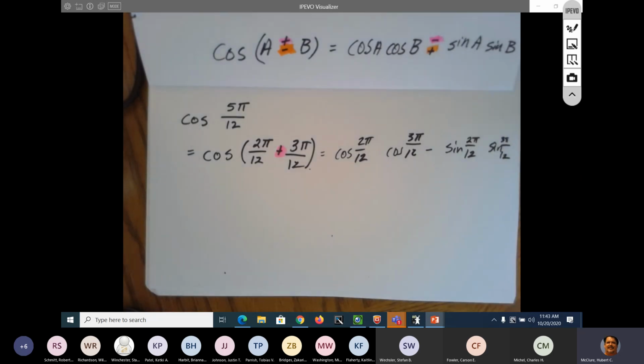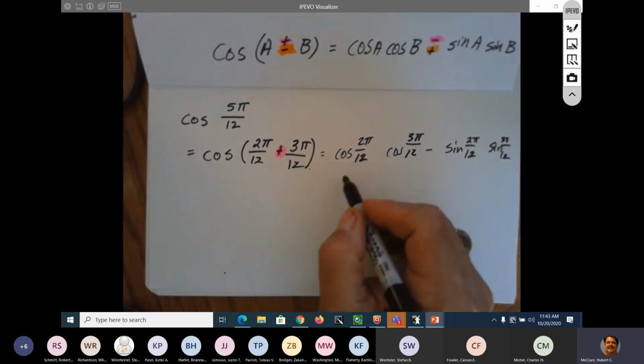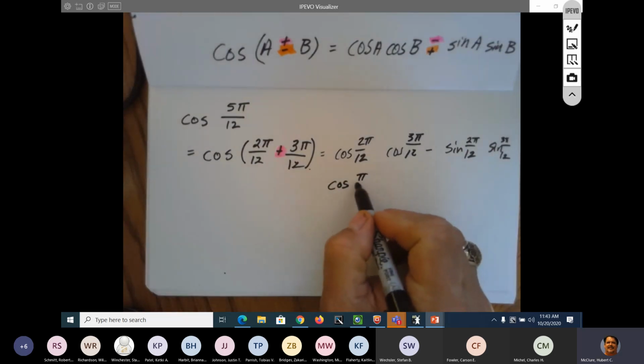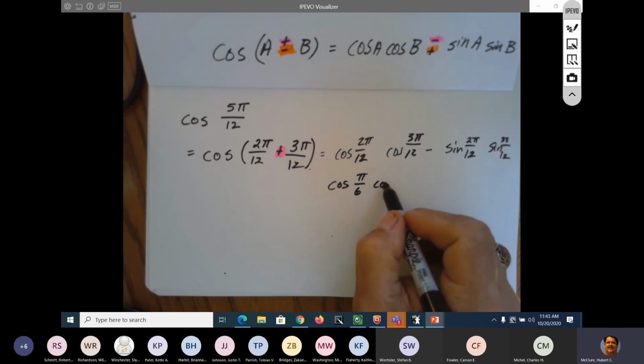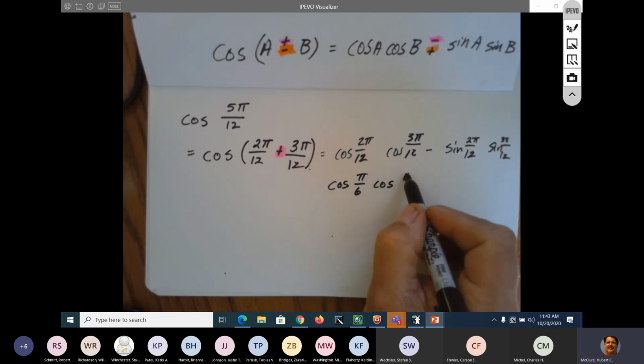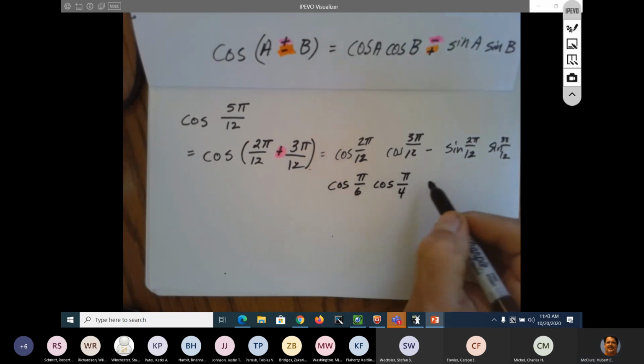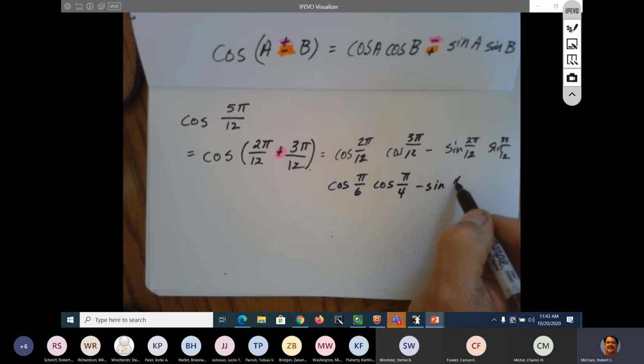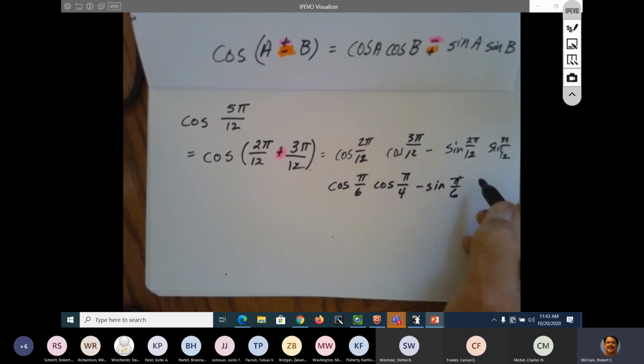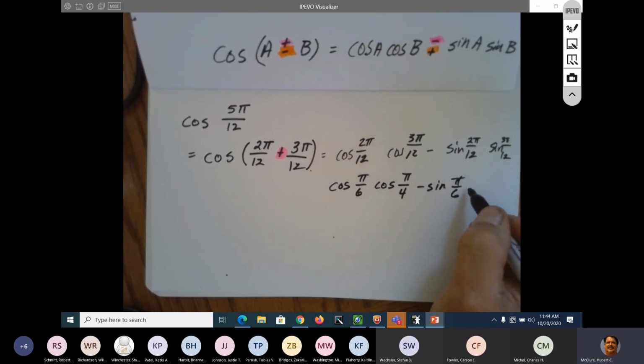And of course, you can reduce that back down. And that would be the cosine of pi over 6 times cosine of pi over 4 minus the sine of pi over 6 times the sine of pi over 4.